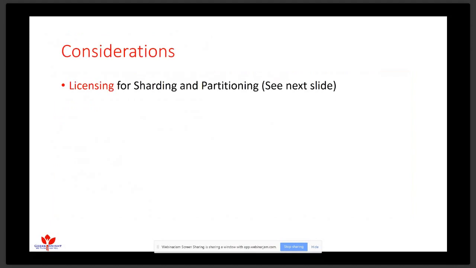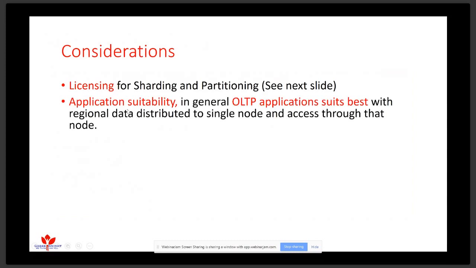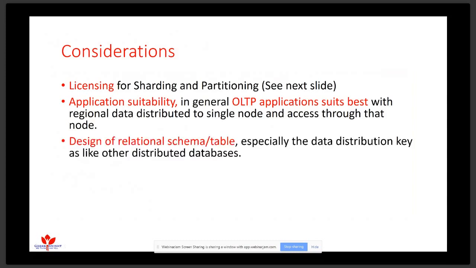And the considerations for Oracle sharding: licensing is the first and foremost thing. You may need the sharding license and partitioning license if you don't have them. And application suitability. Generally, OLTP applications suit best, with relational data distributed to a single node and accessed through that node. Design of the relational schema table is very key and important when you really design any distributed database.